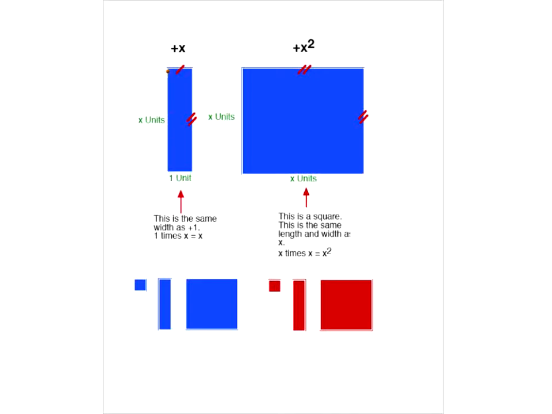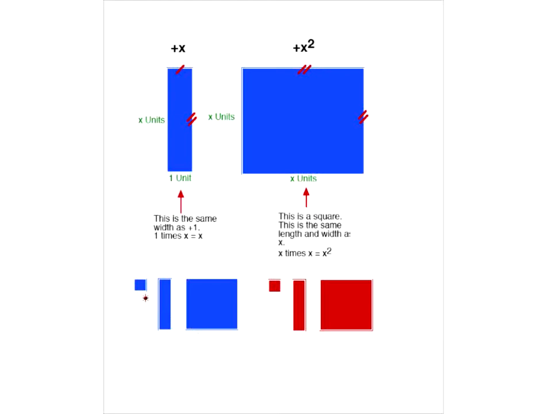This is the width of 1, and this is the width of x. So 1 times x gives us x. Whereas for the big square, you can see it's the width of x, right? And x times x gives us x squared. So that's why that stands for x squared. So that's kind of showing you why everything is what it stands for.